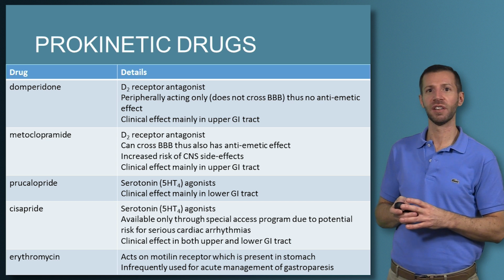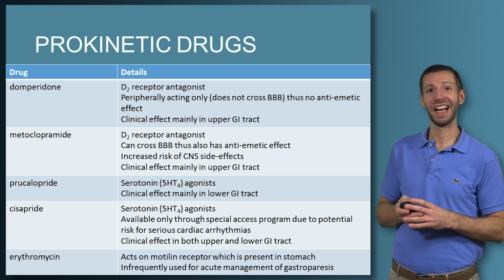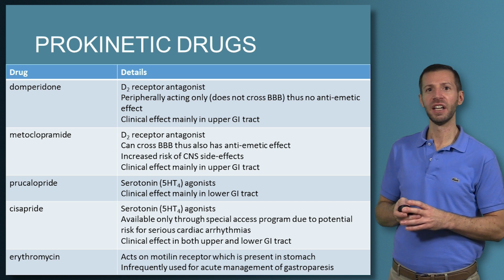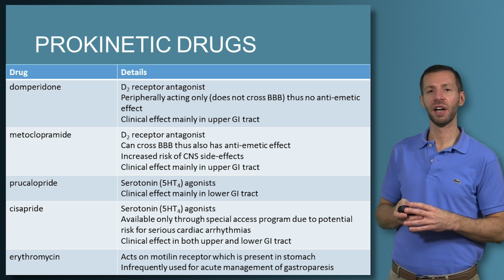But by virtue of that ability, it has increased risk of CNS side effects, including Parkinsonian symptoms and other concerning CNS side effects. Its clinical effect, like domperidone, is mainly in the upper GI tract.